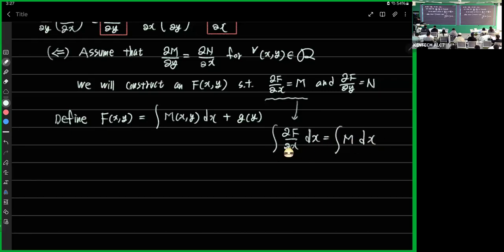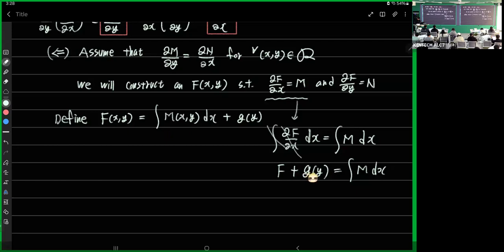When you take an integral of f with respect to x, the derivative and integral cancel out. So we got f plus a constant. But here, what is the constant? Because f is a multivariable function, and we integrate with respect to x, g can be a function of y alone. This is the constant of integration, and the right-hand side is this. So from here, we got this.